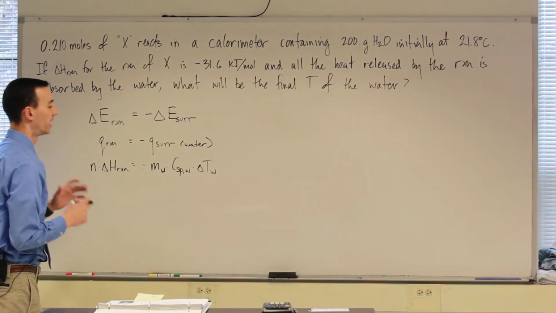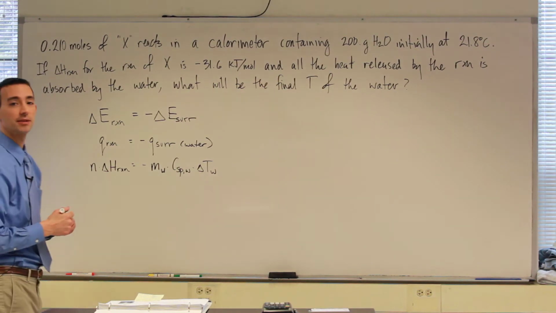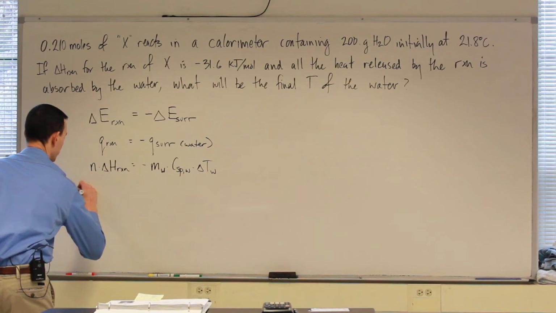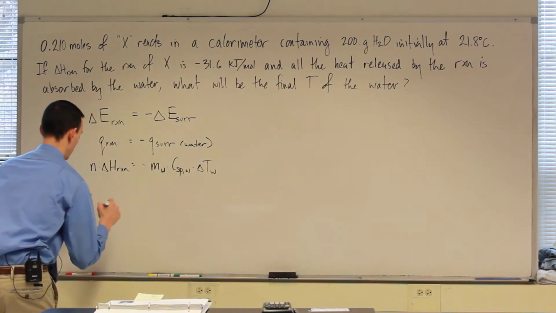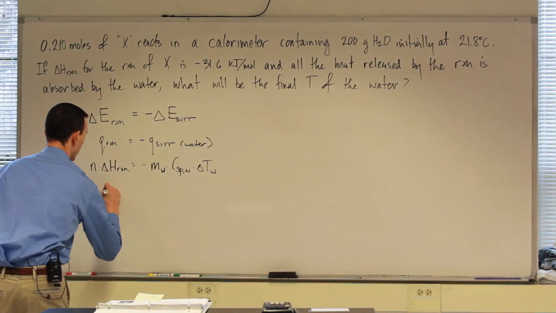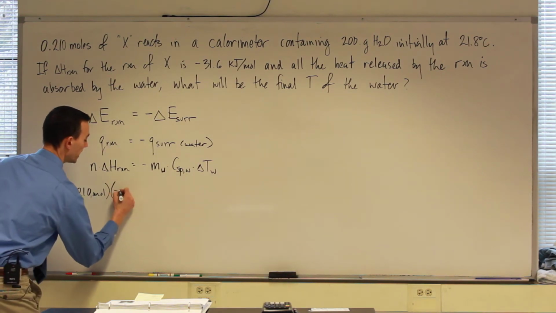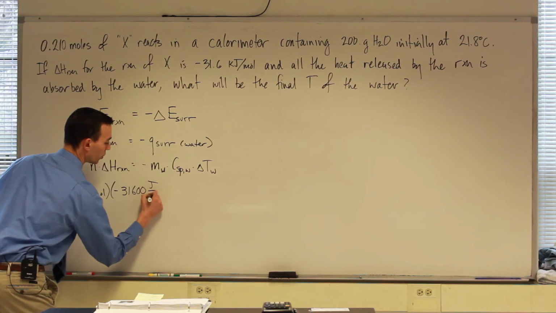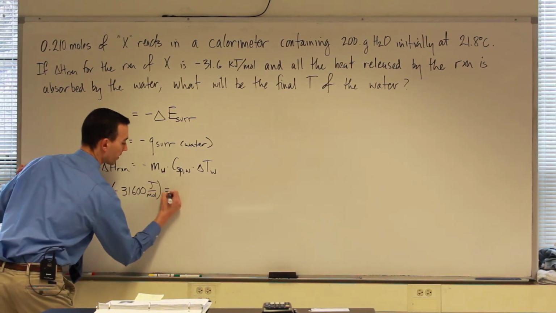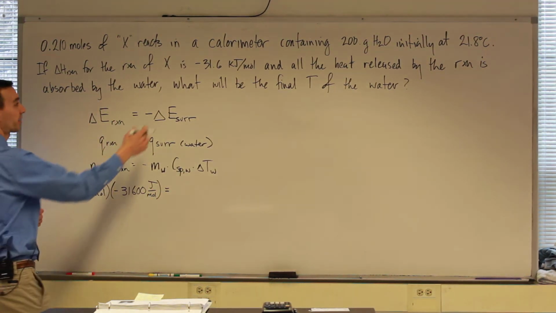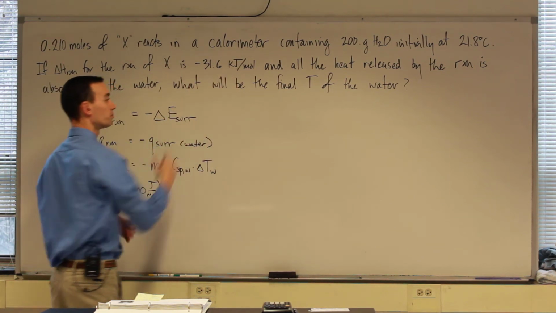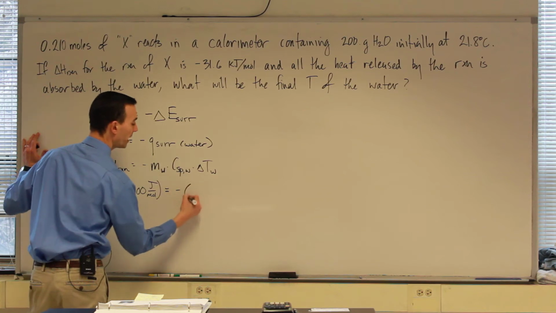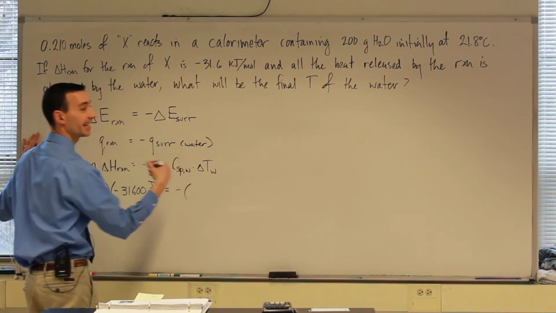All right. Now, this time I'll go ahead and plug in some of the numbers. So we know we had 0.210 moles of the X times negative, now I'm going to convert, 31,600 joules per mole. I multiplied the 31.6 kilojoules by 1,000, which is what a kilo represents, because my heat capacity on the water side is in joules.